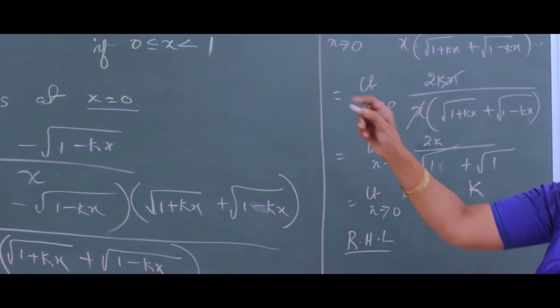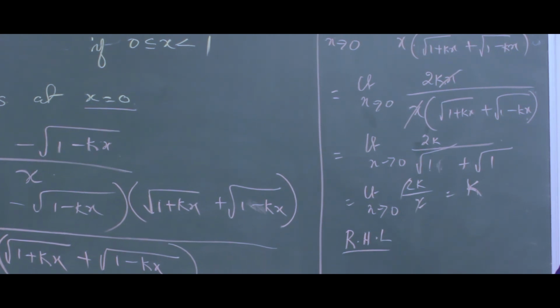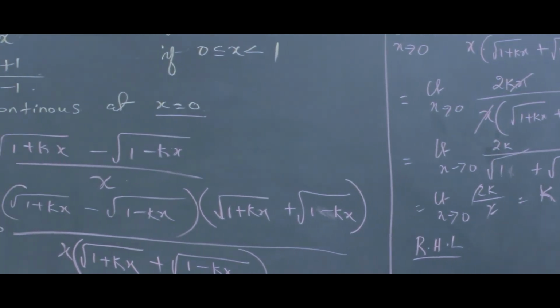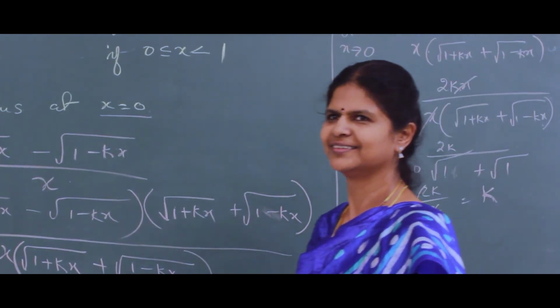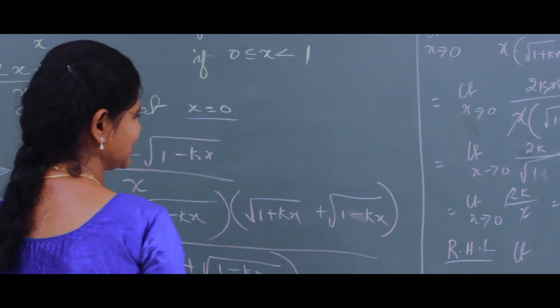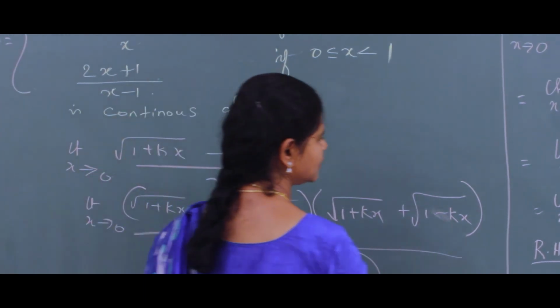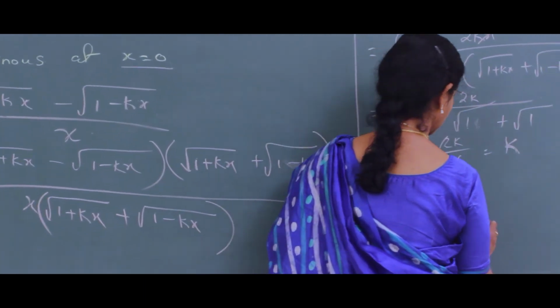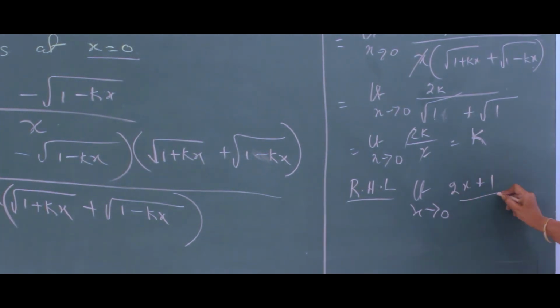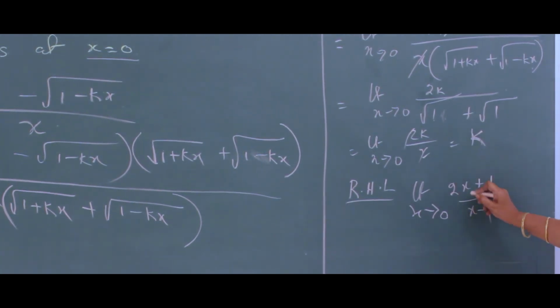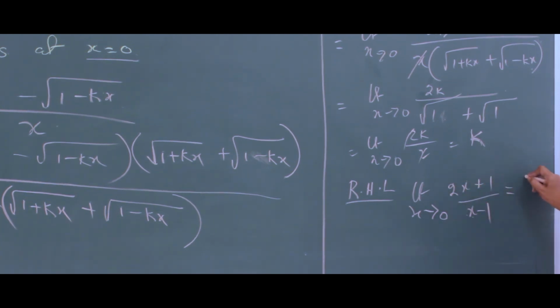The right hand limit value is given by 2x plus 1 divided by x minus 1. So limit x tends to 0, 2x plus 1 divided by x minus 1. If x is 0, this is 1 by minus 1, and the answer is minus 1.